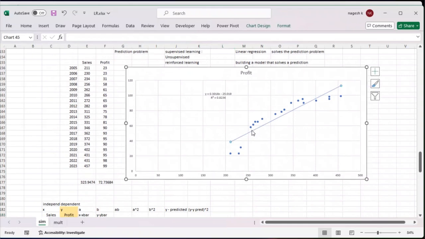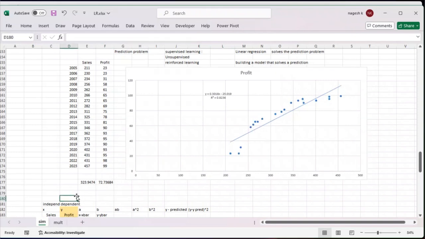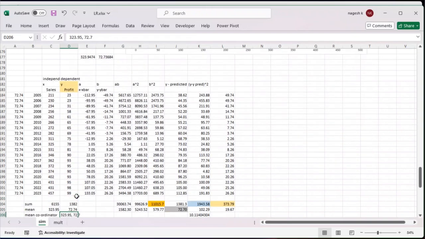But here, the trend line is our predicted value and these are the actuals. See how close it is. So the error has been minimized.